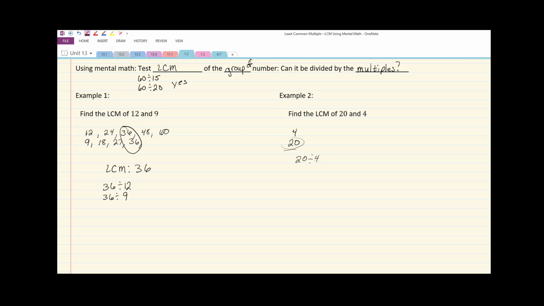And whenever we have that happen, that means that our multiple, or LCM, is going to be 20. 20 is divisible by 20. And 20 is divisible by 4. So LCM 20.